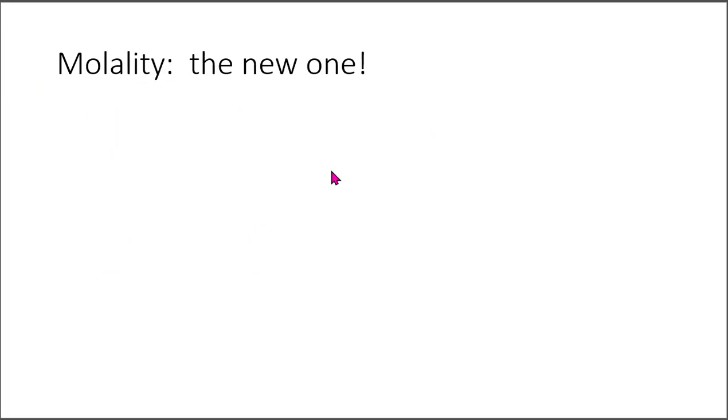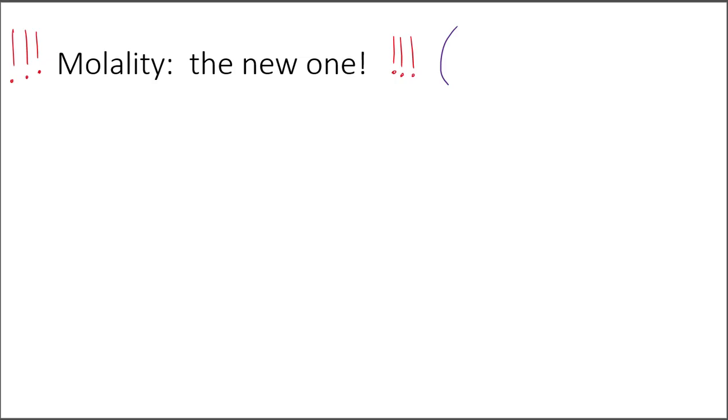Okay. And now, my friends, this is by far and away the most important one to what we're about to do, and that is molality. I make my molality m very obvious.